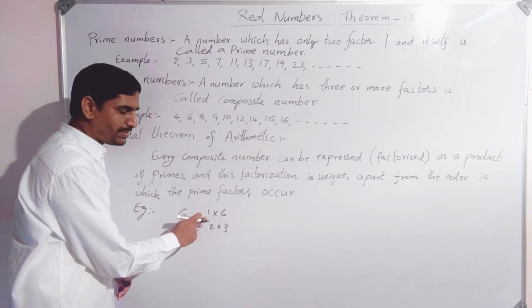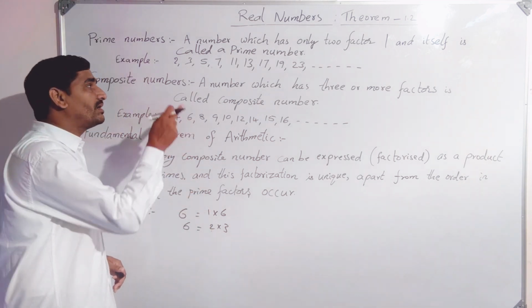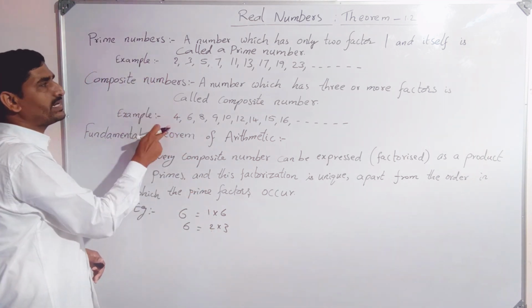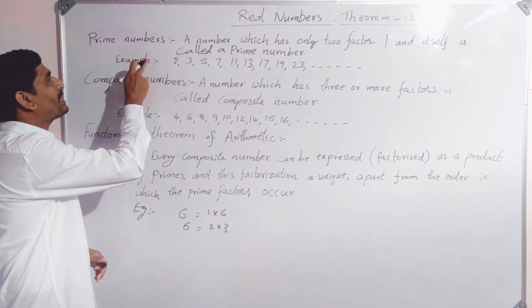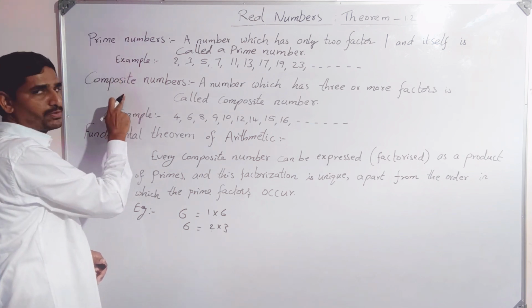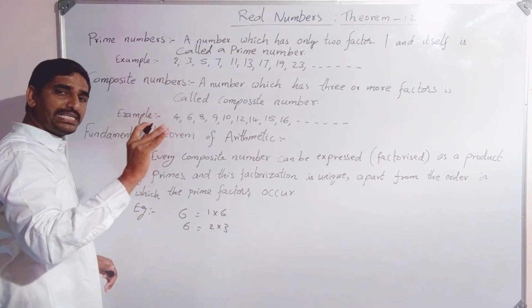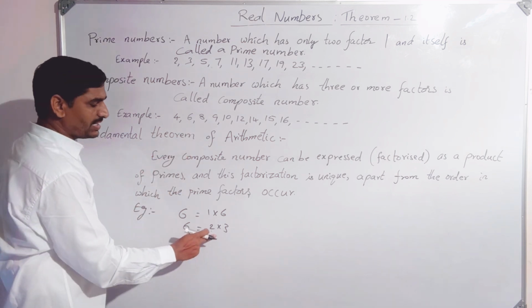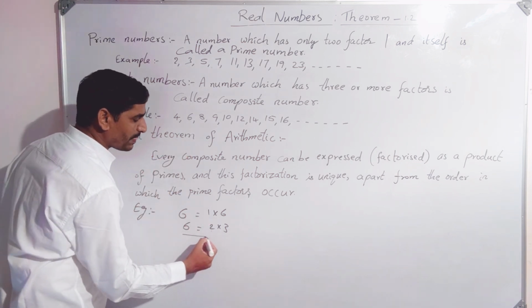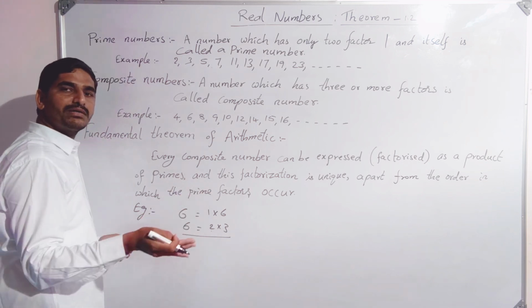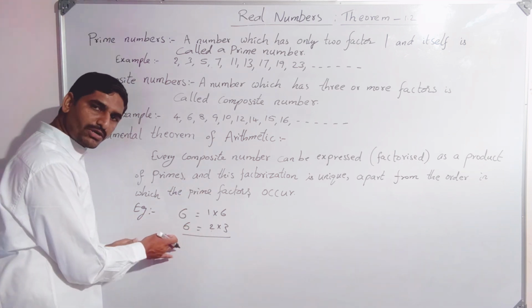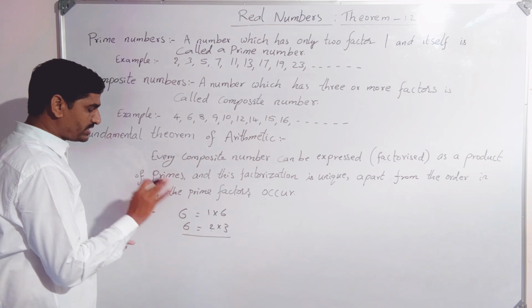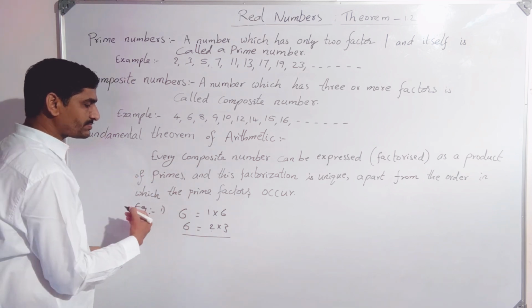Here 1 is not prime. 1 is neither prime nor composite. 1 is not a prime number and 1 is not a composite number. 6 is 2 times 3. This is unique. Another number can't be written like this. This number only has 2 into 3. This is example 1.